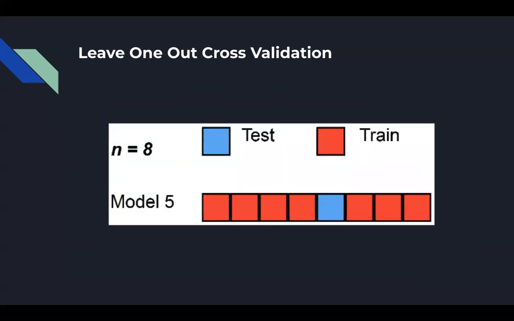Here is a diagram, a GIF, to represent how leave-one-out cross-validation works. We can see that each data point is representing test data in different models, meaning different iterations. Now let's take a look at what it looks like with the same set of data from the previous example.